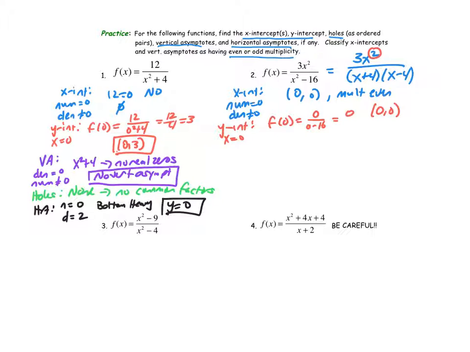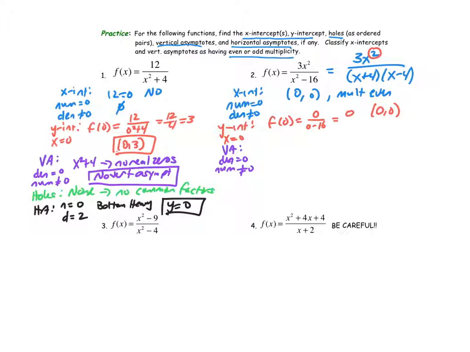Okay, vertical asymptotes, next thing we want to find. Vertical asymptotes occur when the denominator is equal to 0, but the numerator is not equal to 0, or more explicitly, when a zero of the denominator has greater multiplicity than the corresponding zero in the numerator.